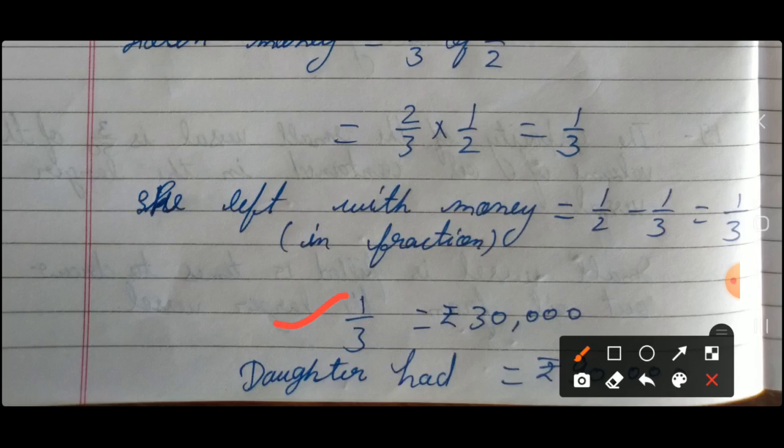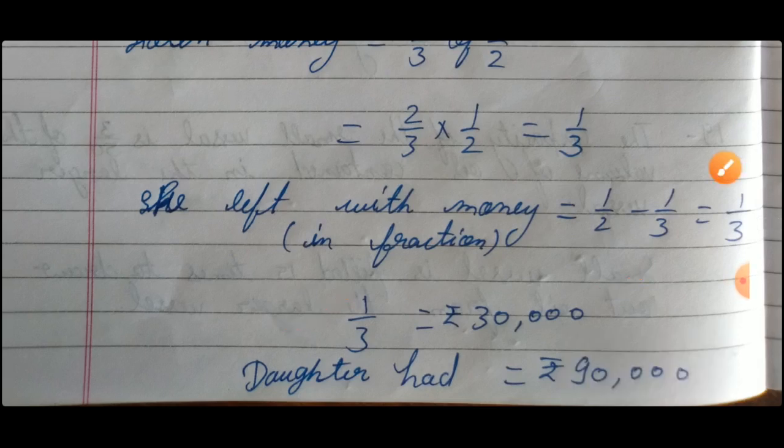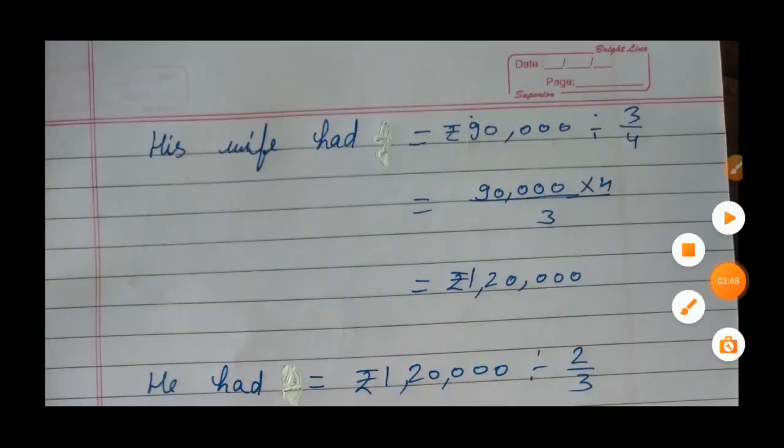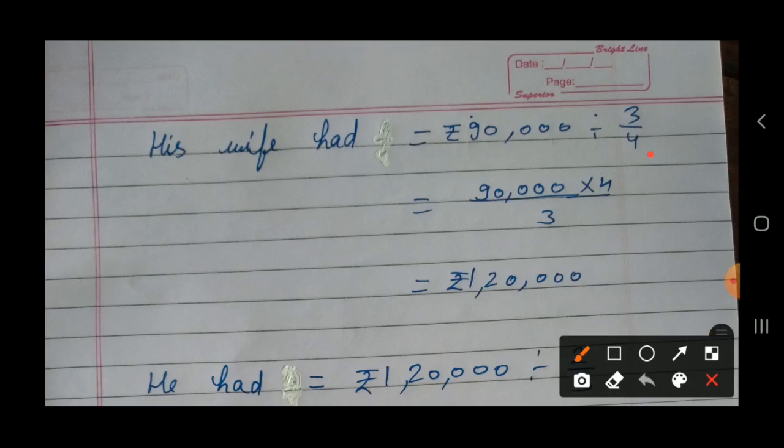Now, if we multiply this 30,000 by 3, then we will get the money that the daughter had. 3 multiplied by 30,000 is 90,000. It means the daughter had 90,000. To find out the amount that his wife had, we will divide this 90,000 by 3 upon 4.